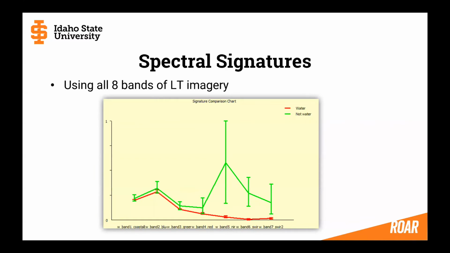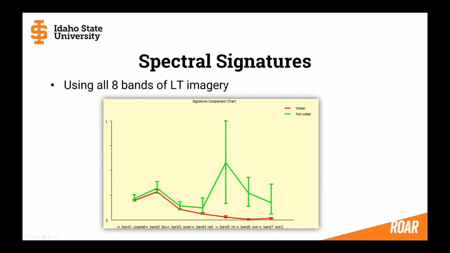Okay. So what's happening here is in red, we see the spectral signature for water in the band 1, coastal blue, band 2, blue, band 3 is green, red, near infrared, shortwave infrared 1, and shortwave infrared 2. Those are the basic visible and not so visible to us bands that come with Landsat 8.